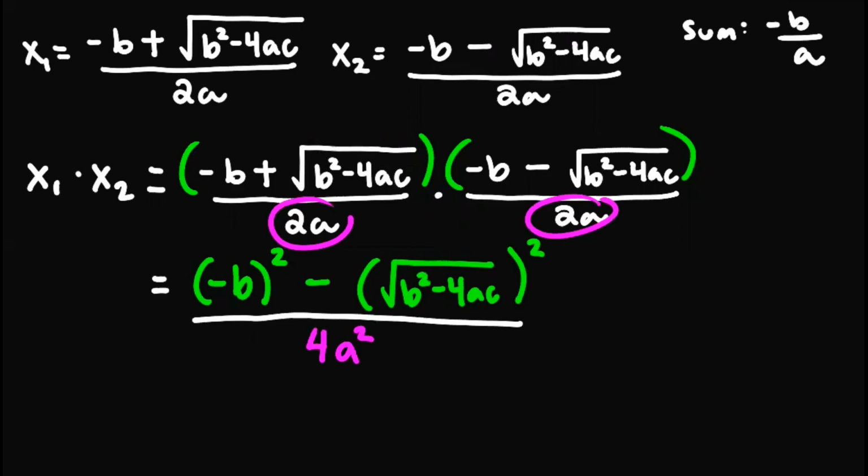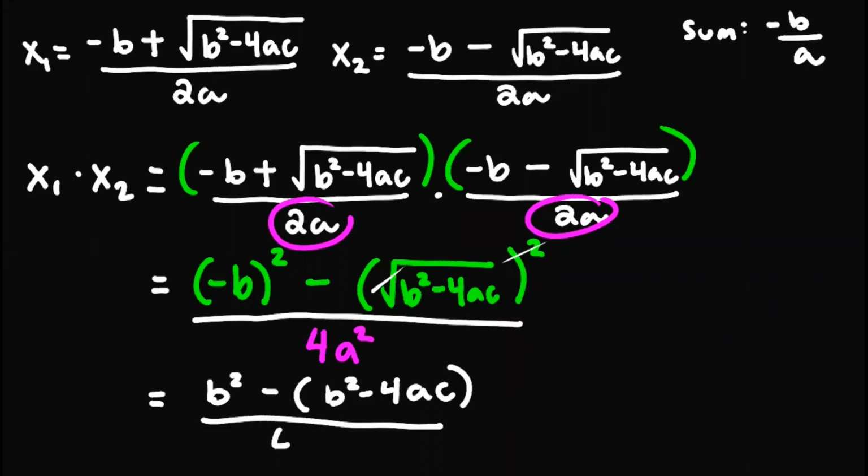And from here, simplifying the numerator, we'll have b squared, then the square of the square root of b squared minus 4ac will simply cancel out the radical sign out here, and we'll obtain b squared minus (b squared minus 4ac) over 4a squared.